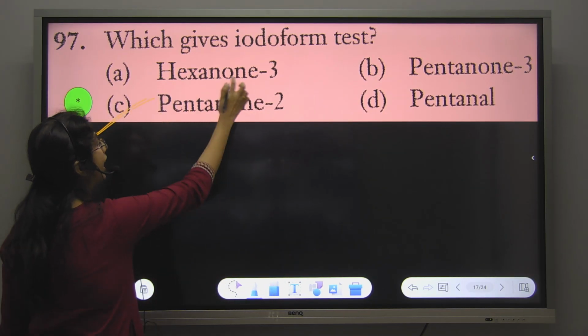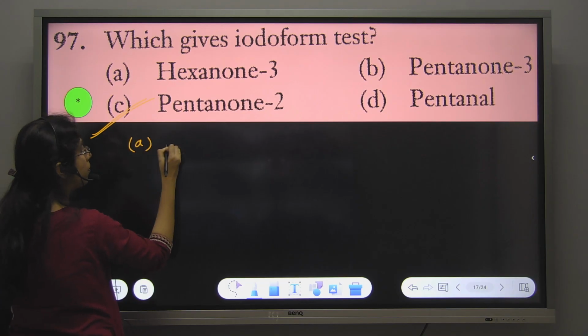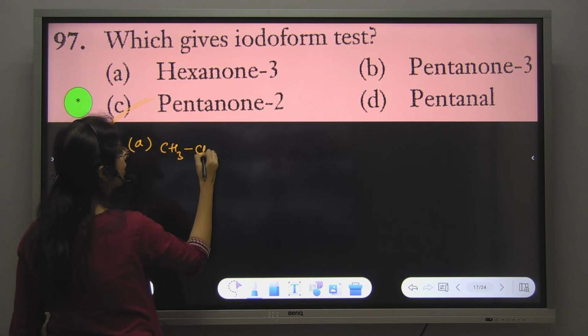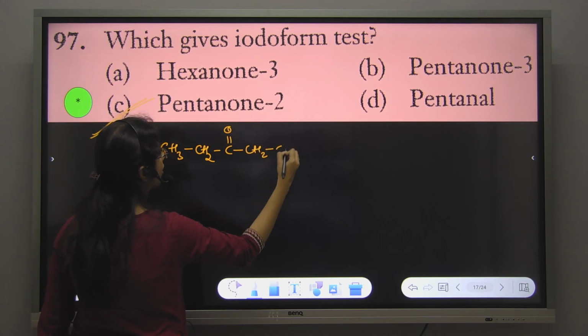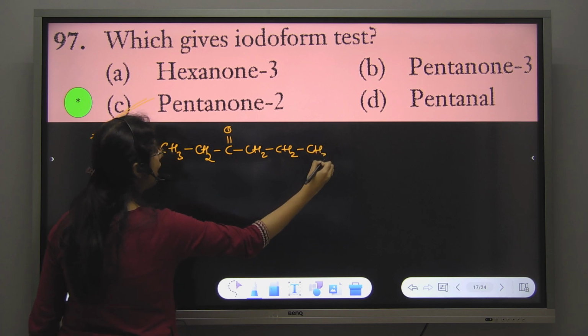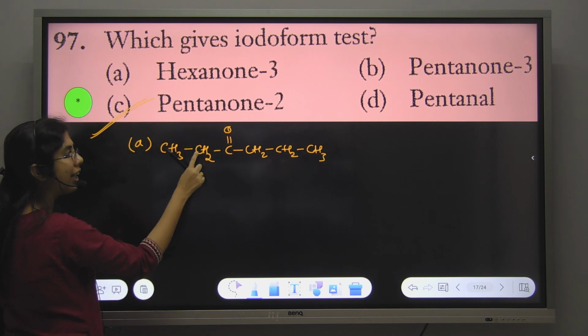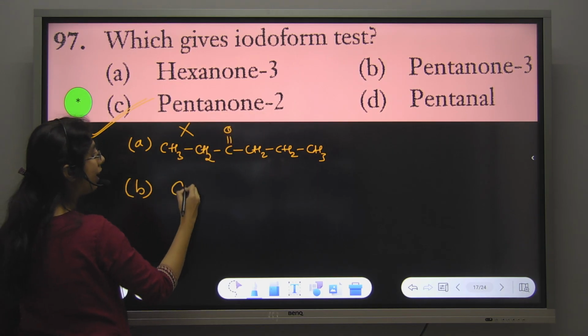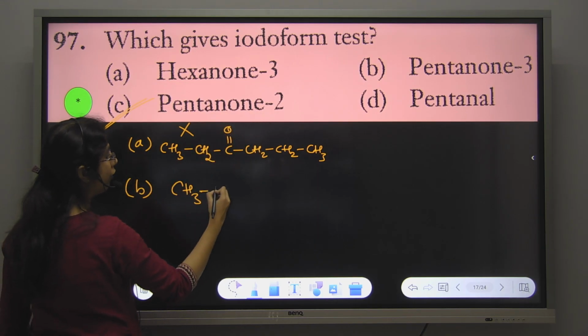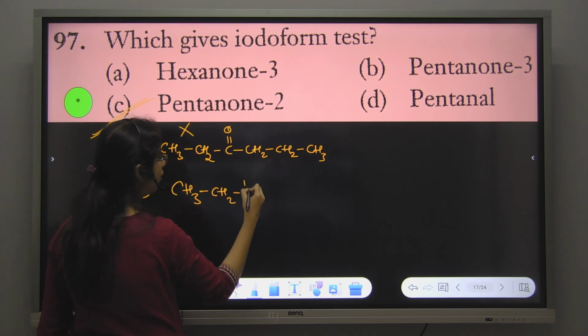Very good. Hexanone, if I write option A, CH3CO CH2, 3, 4, 5, 6. Here you have a C double bond O with CH2, so it is not possible. If you take B, 3-pentanone, this is the structure.